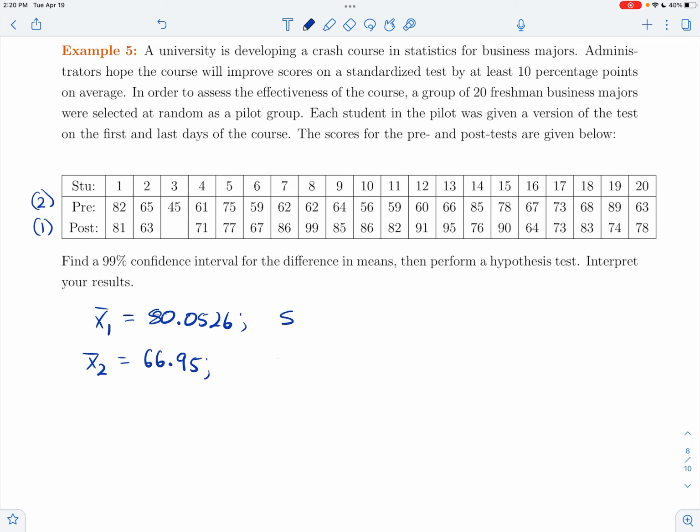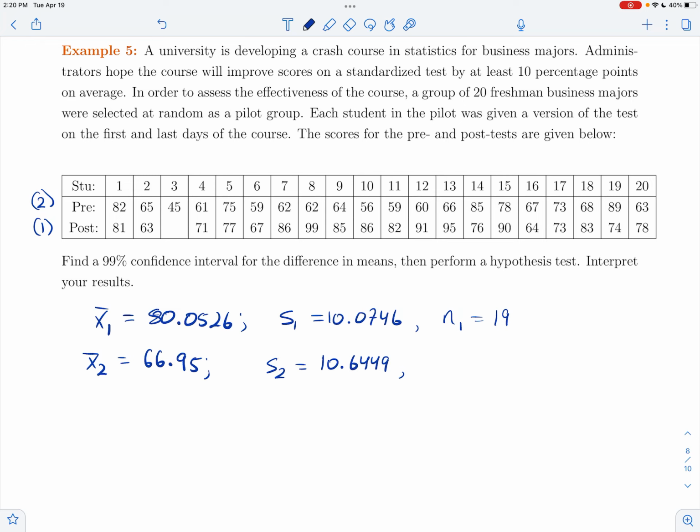The sample standard deviation for x1 is 10.0746. The sample standard deviation for x2 is 10.6449. Of course, the sample size for the post-tests is n1 equals 19.